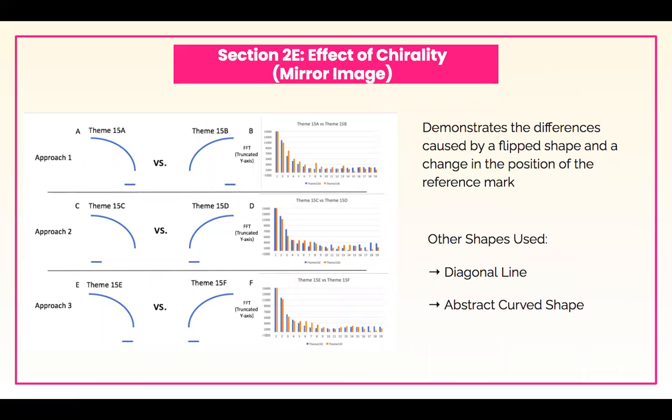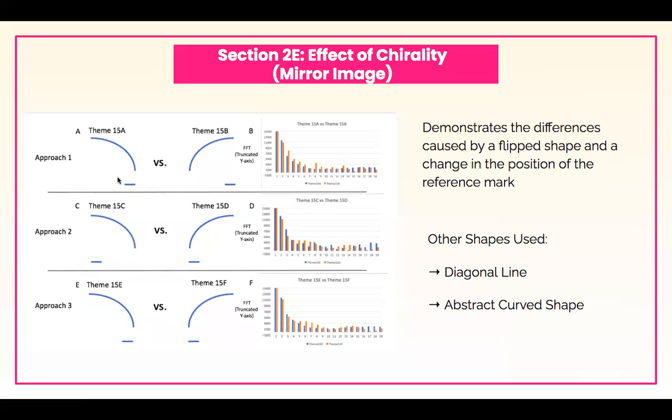We chose these three approaches because it shows something very important about the LCPC in that if we want to include a reference mark like we did here, there is no one right way to include it. We'll be looking at this curved figure as an example.